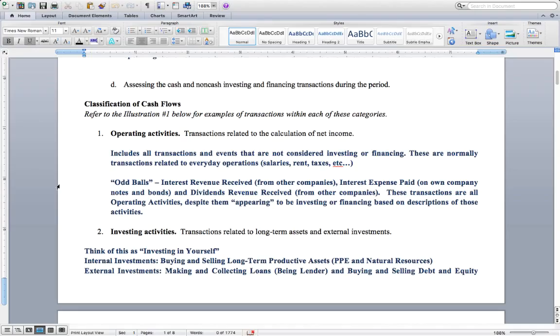These are transactions that are all classified as operating activities, despite them appearing to be investing or financing based on the descriptions of those activities. And as we get into the descriptions below for investing and financing, that will be a little bit more clear. But you can see that by the descriptions themselves, they would possibly appear to fit into a different category. However, they are treated as an operating activity.